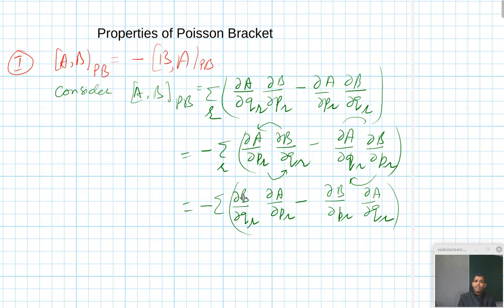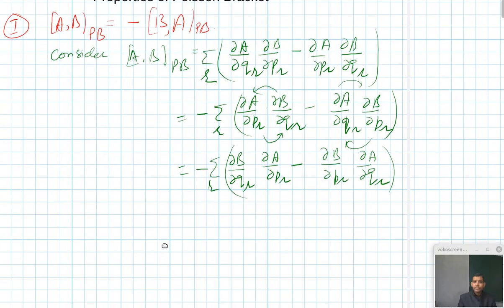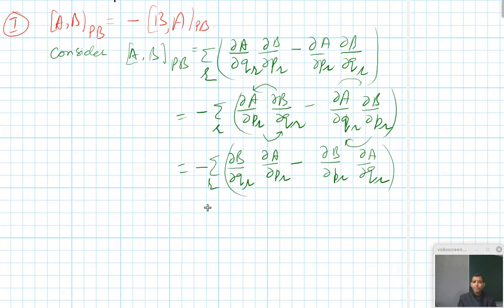Because of the commutative nature of the product, this is minus ∂B/∂Qr ∂A/∂Pr minus ∂B/∂Pr ∂A/∂Qr. So what is it? It is the Poisson bracket of B and A. Hence we have proved the first property.